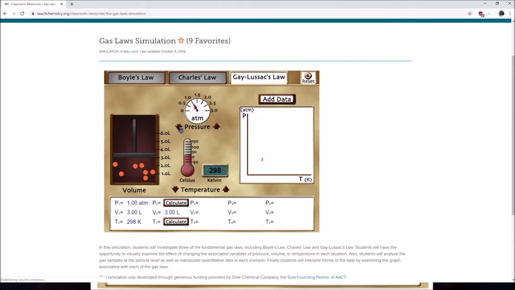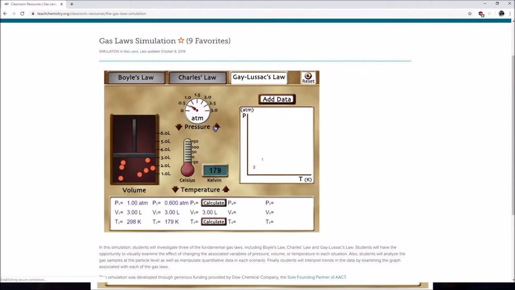I said that a decrease in pressure leads to a decrease in temperature. And if you look at that, 1 atmospheric pressure, 298 Kelvin; 0.6 atmospheric pressure, 179 Kelvin. So there is a trend that by decreasing the pressure, there is a decrease in temperature.